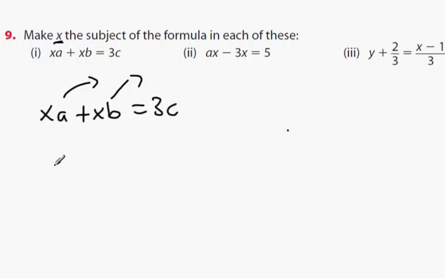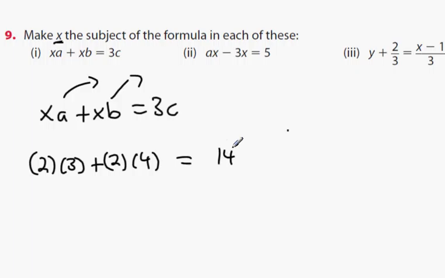An example will be, Farrell, right? Imagine x is the number 2. Yeah? And this number here, a is 3, x is 2, b is 4. I'm just making up random numbers at the moment, okay? What does that equal? 2 multiplied by 3 plus 2 multiplied by 4. What does it equal? 14. Equals 14, alright? Now imagine this.